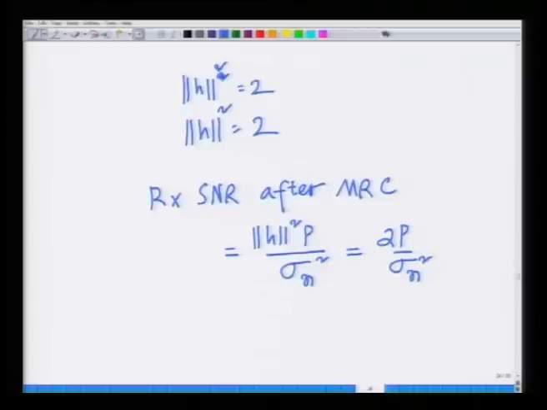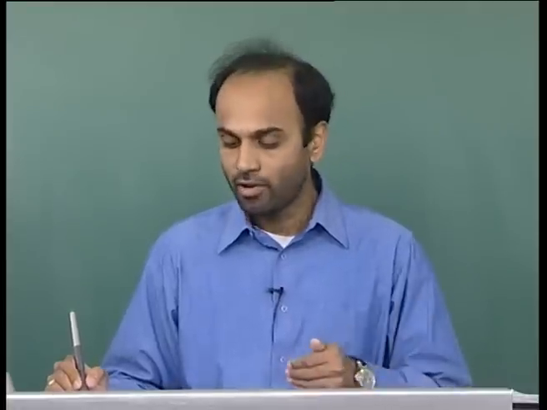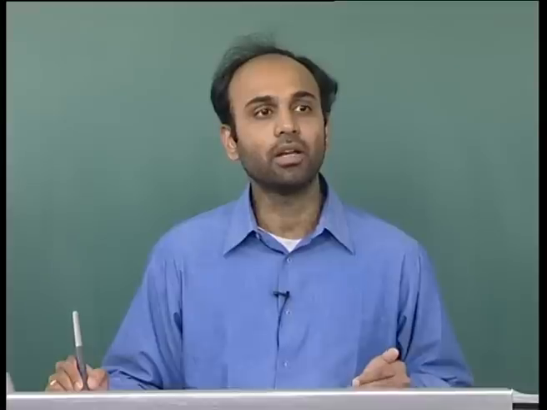All right. So, for this case of the example with two receive antennas, we have derived the optimal maximal ratio combiner, the maximal ratio combining statistic at the output of the receiver, and also the SNR at the output of the maximal ratio combining receiver.